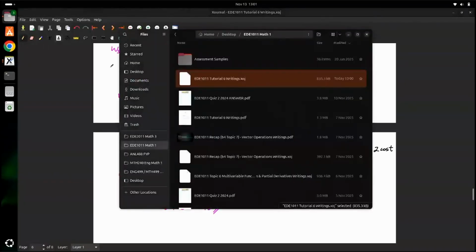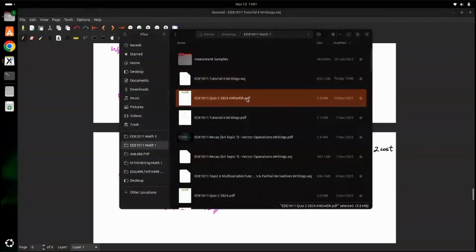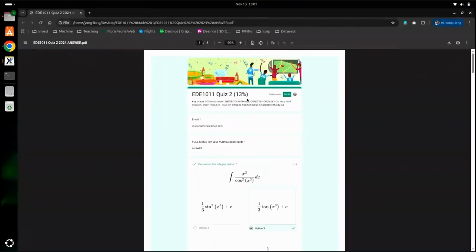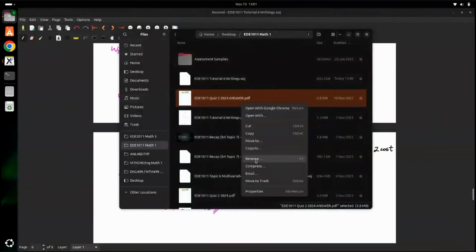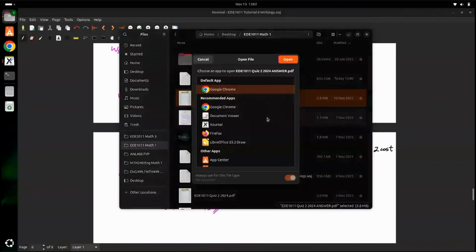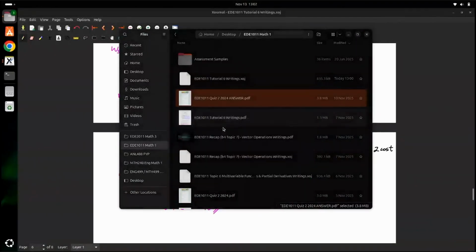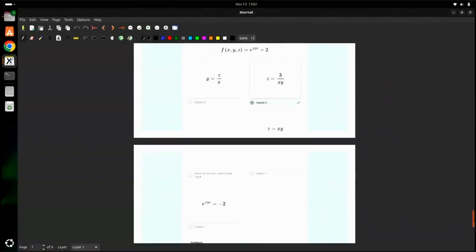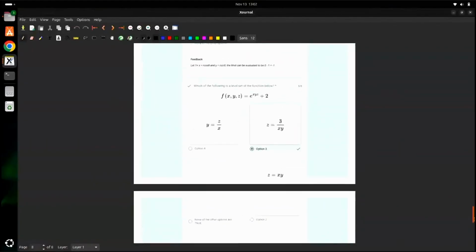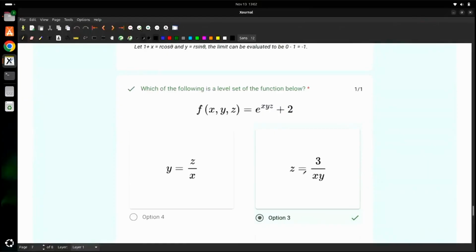I got a request to go through this question on the past year quiz 2 that I uploaded on Monday, because a number of you didn't understand the last question on the level set. The question is asking which of the following is a level set of the function below.